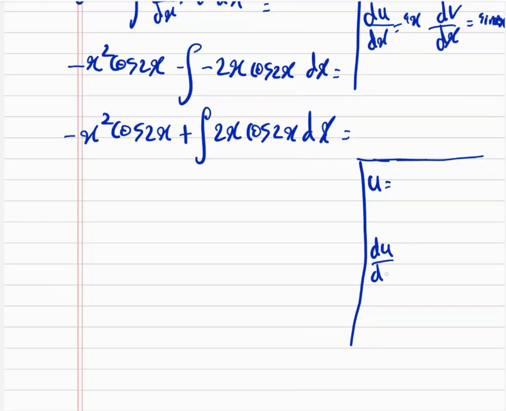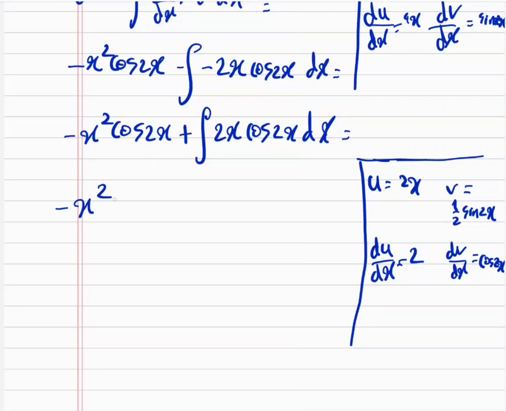So we need to make the choices again. u is equal to 2x, and that differentiates to 2. dv by dx is cos 2x, and that integrates to a half sine 2x.